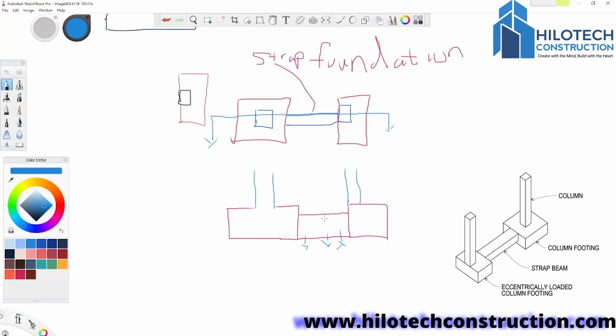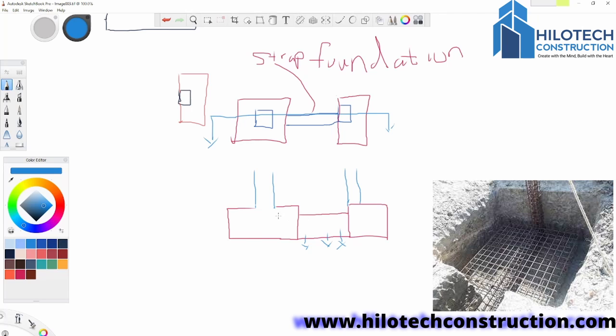This beam here is what we call our strap foundation. Of course it is also heavily reinforced, and in some cases it might even extend right up to the pillars, maybe even above here. It depends on how the design is going to look, but you get the idea.